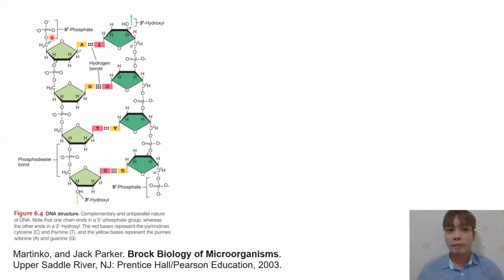So that's the phosphate group attached to carbon number 5. Why that's the 5'. And then itong last sugar ng strand na to, we have yung exposed OH part of carbon number 3, which is the hydroxyl group. So 5 going to 3. So 5' to the 3' end.